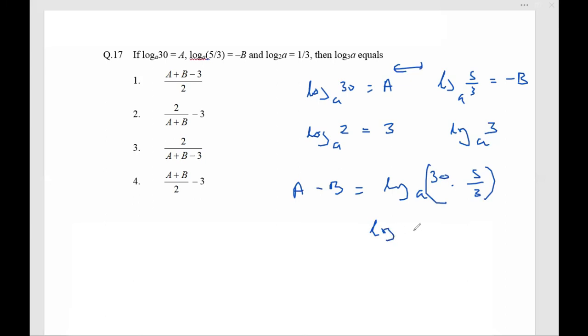That is log of 50 base a. Or rather, I should have added it.